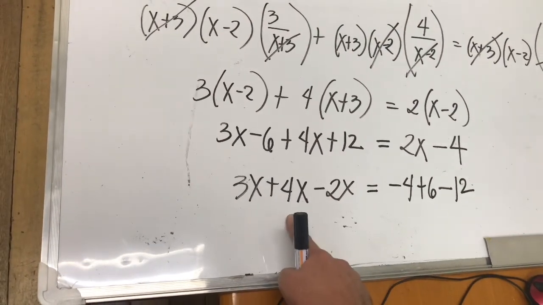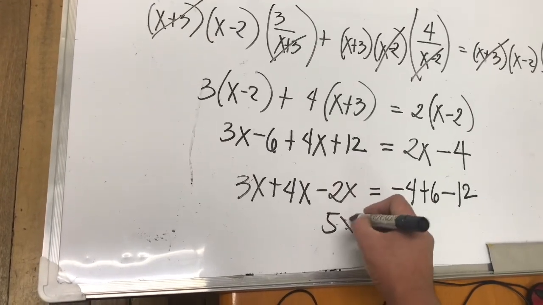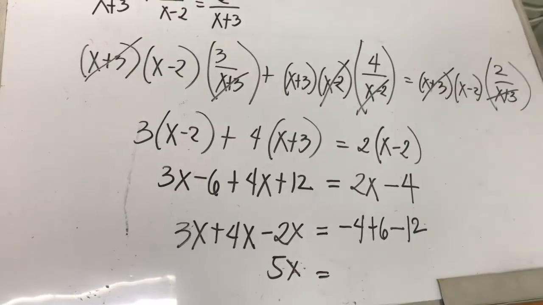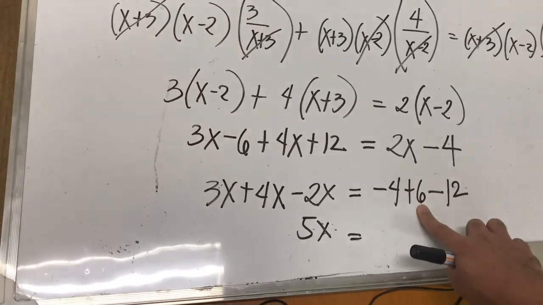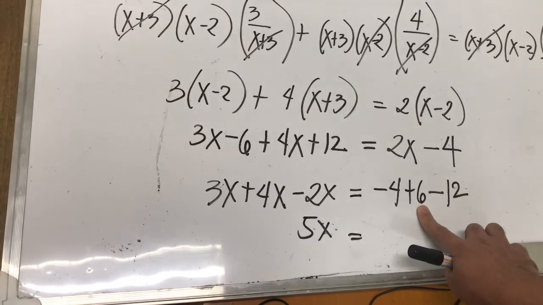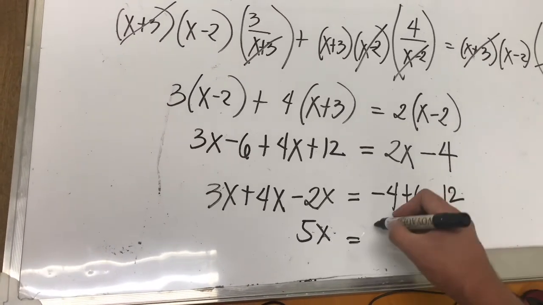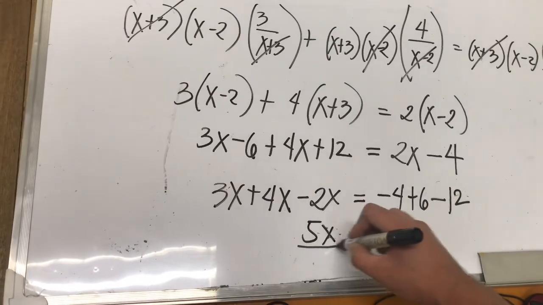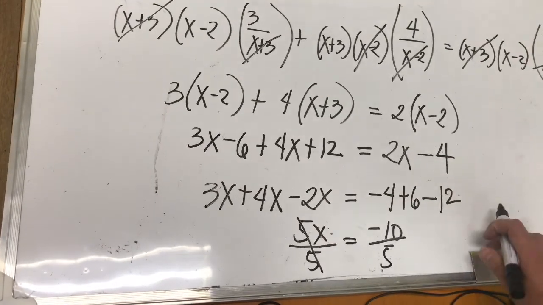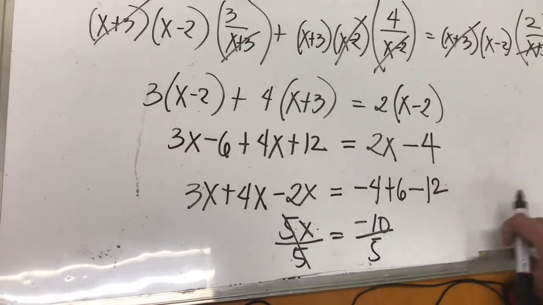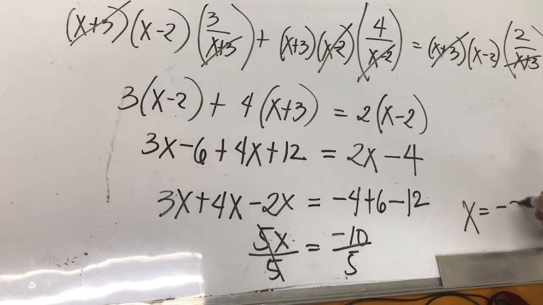So, we have 7x minus 2x, so we have 5x is equal to negative 4 plus 6, we have positive 2. Positive 2 minus 12. So, we have negative 10. Divided by 5, both sides. So, our value of the variable x now is x is equal to negative 2.